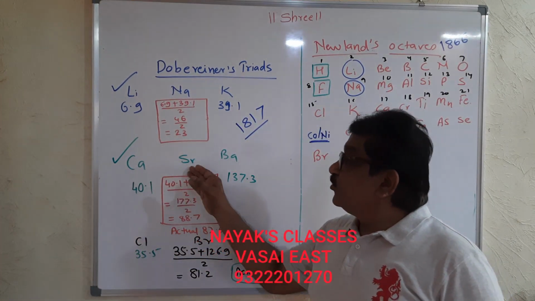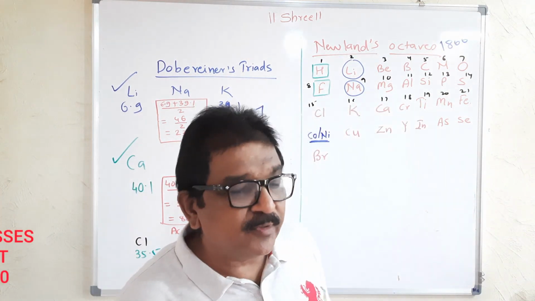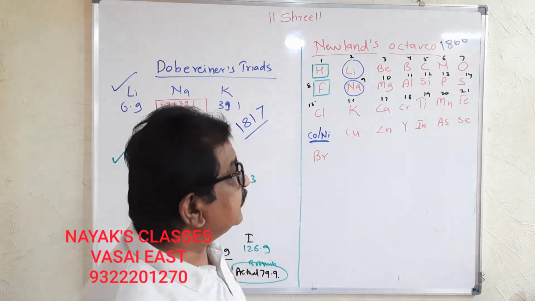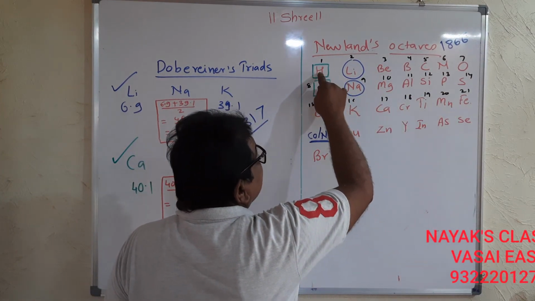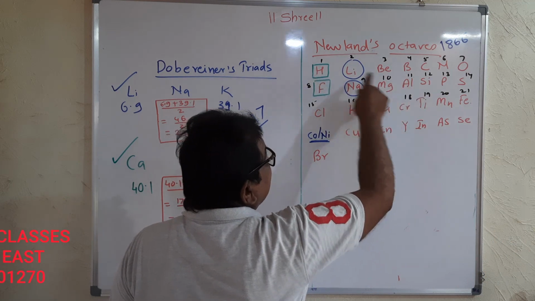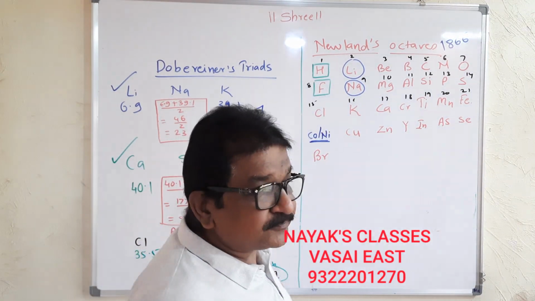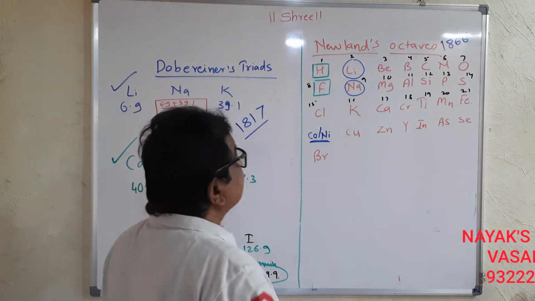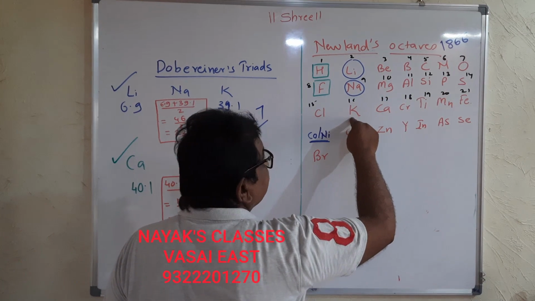So instead of a group of 3, he arranged a broader group of 8 elements, and he said the properties of the first are similar to the eighth one. You start with sodium, it comes to potassium.